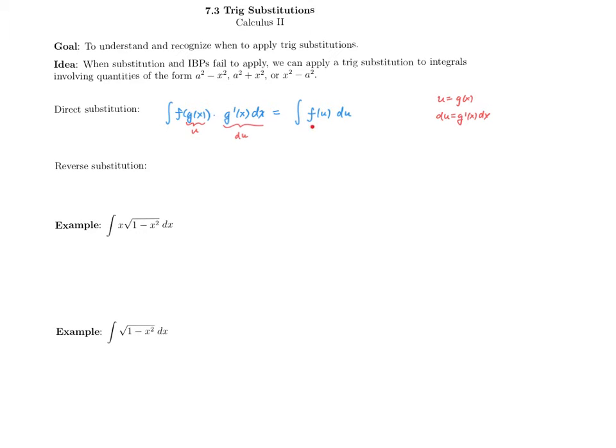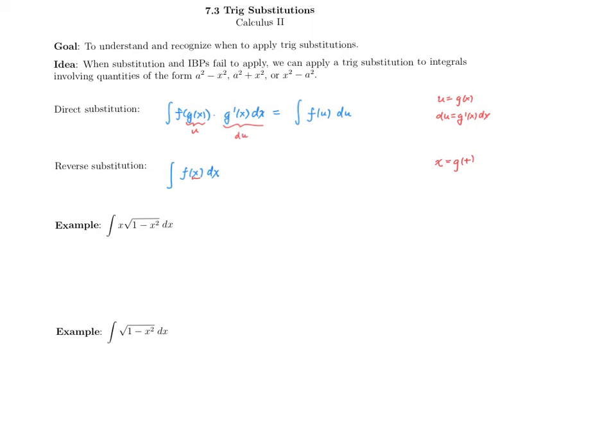But we could also reverse this process, that is, start off with an integral of the form on the right and make a substitution to get back something that looks like what we have on the left. So for example, if we started off with an integral of the form f of x, it is perfectly reasonable to substitute with something like x equals g of t.